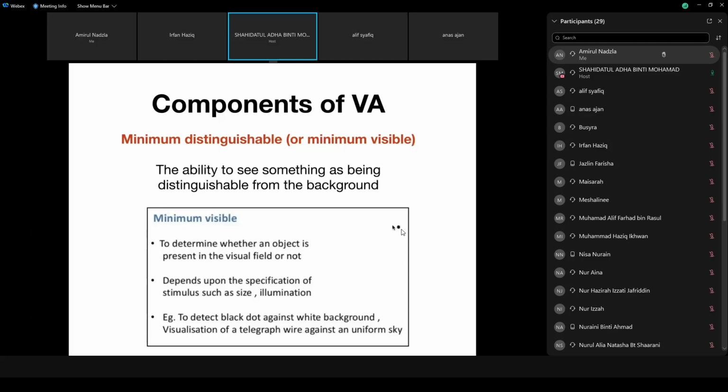This is to show the ability of the eye to see that there is something distinguished from the background. Okay, so it depends upon the specification of the stimulus, such as the size and the illumination, and it's like detection of a black dot against a white background or visualization of a telegraph wire against a uniform sky.